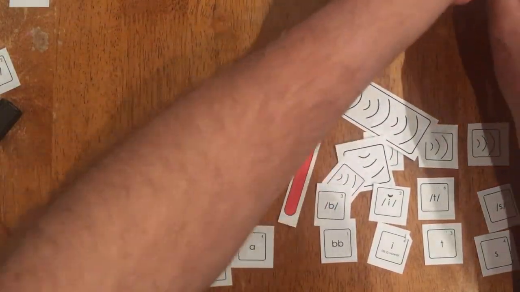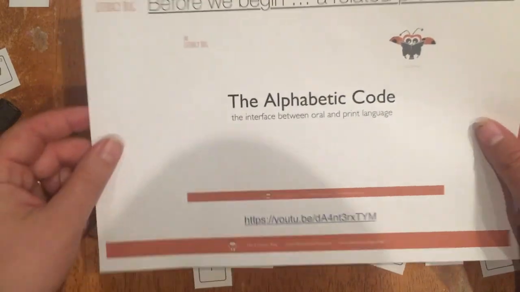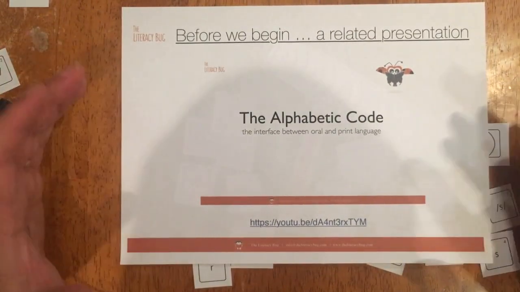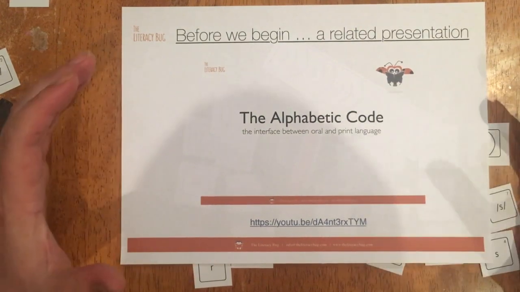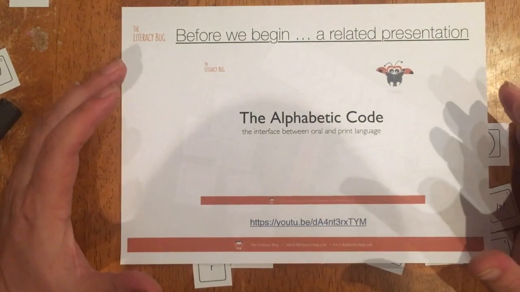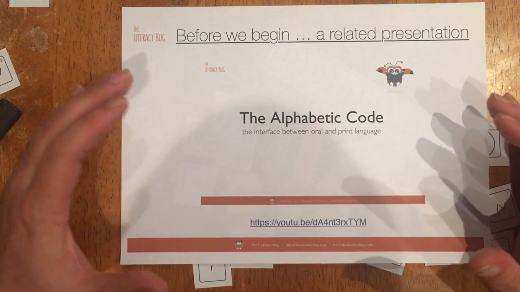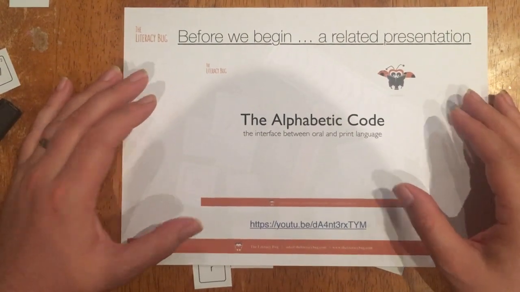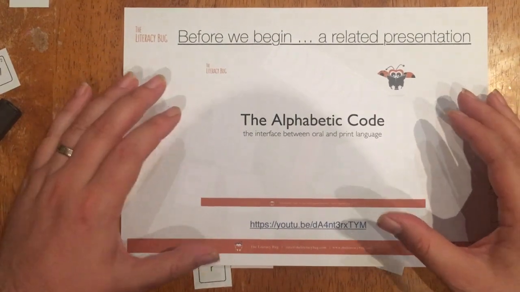Now, before I begin and go even further, what I'd like to point you to is on YouTube we have a further presentation called The Alphabetic Code, which talks in greater detail about, I think in many ways, a more theoretical approach to how a learner develops a knowledge of sound and letter patterns.